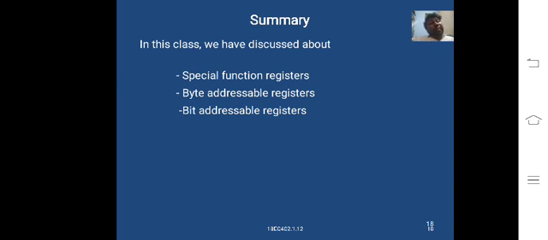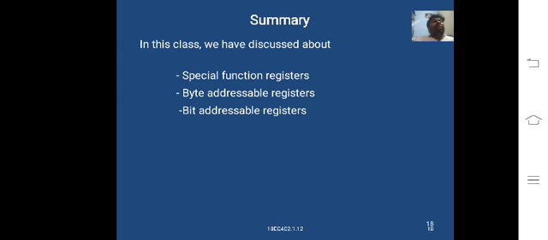The important special function registers are the accumulator, B register, program status word, the timer registers timer 0 and timer 1, and the timer mode register, that is the TMOD register.